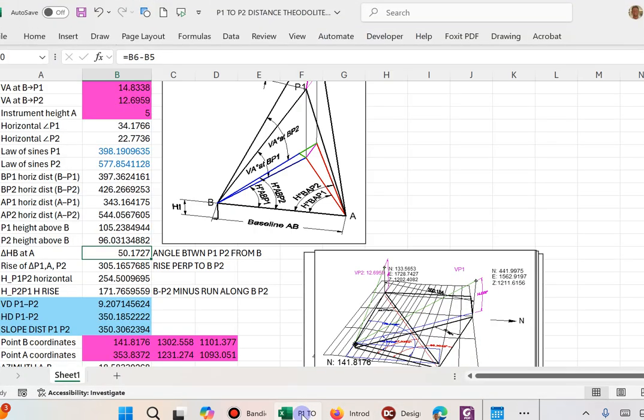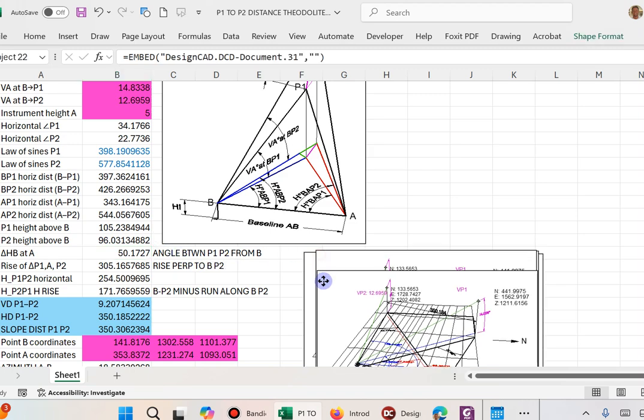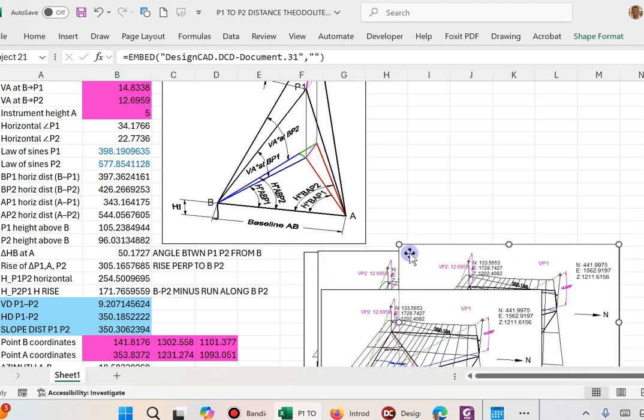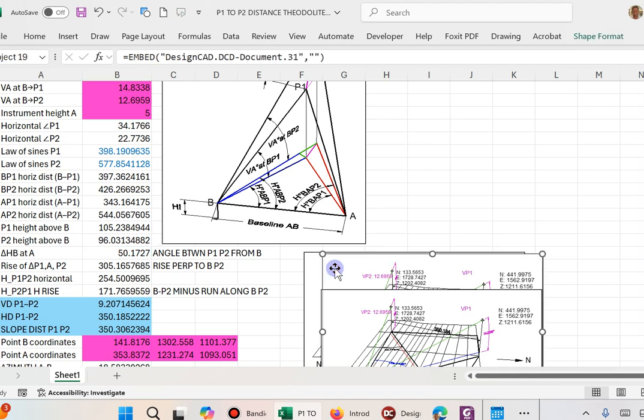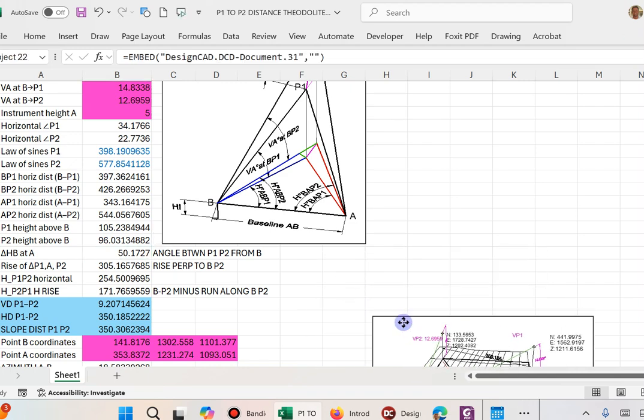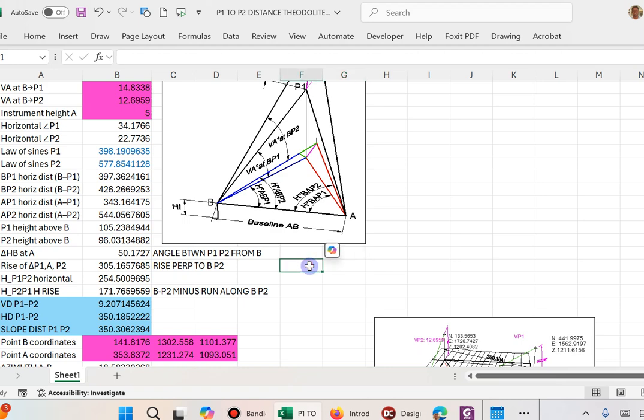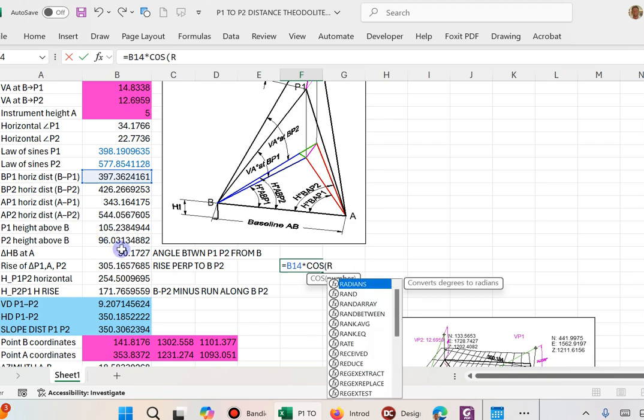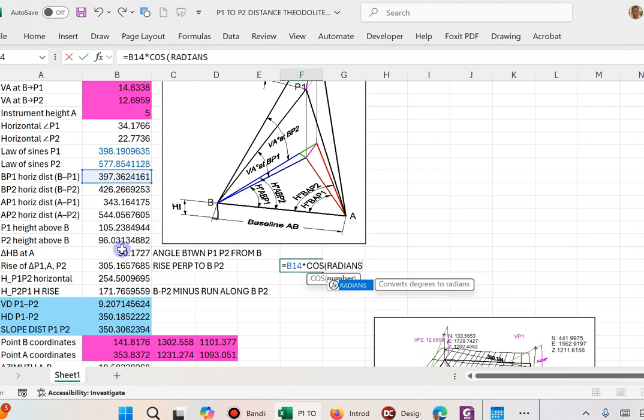Let's go back here. So I could do that here just to see where it went wrong. Equals 397 times cosine of this, cosine radians, open parenthesis, hit that, double close, enter, 254.